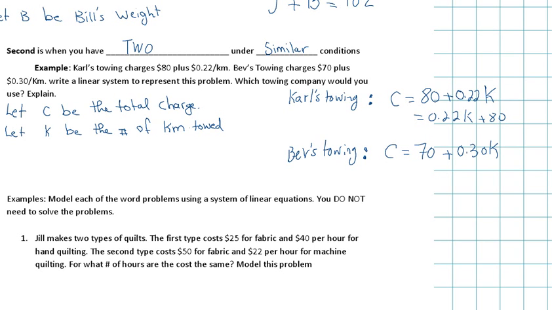Again, it doesn't matter if you write 80 plus 0.22 kilometers, 0.22K plus 80, or 0.3K plus 70 or the other way. Are you guys okay with this? All right.